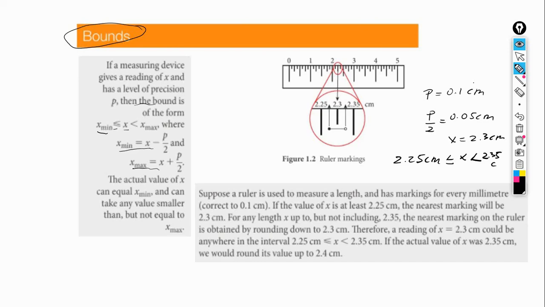And let's not forget the units, centimeters. So notice that this tells us that if we measure 2.3, we are actually not exactly at 2.3, but rather it's a value equal to or greater than 2.25, but less than 2.35. Now we say less than 2.35 because if it were exactly 2.35, we would have to round it up to 2.4.